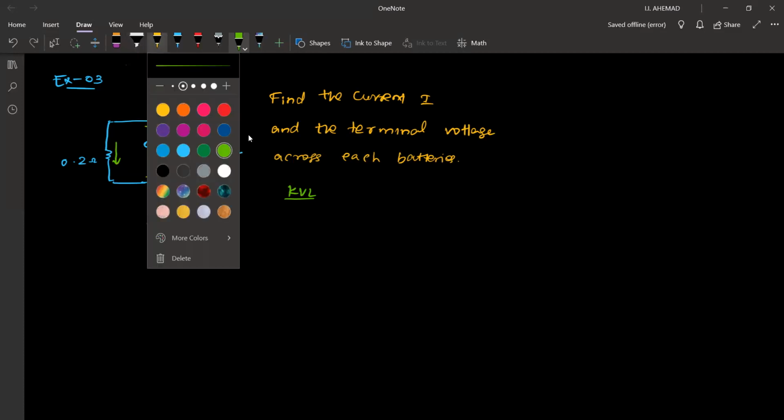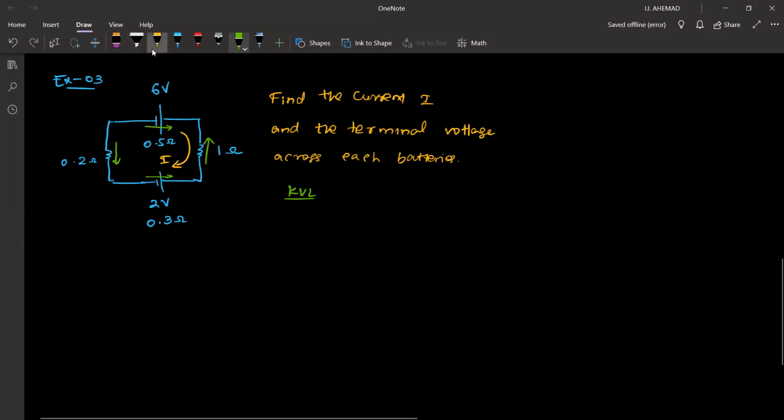Let's travel in the clockwise direction. When I travel clockwise, here we have an increase of 6 volts. But this battery is in the opposite direction, therefore it is a drop. So we write 6 minus 2.